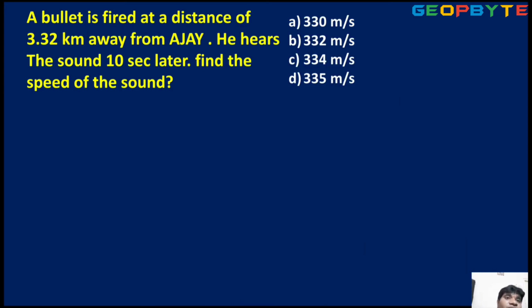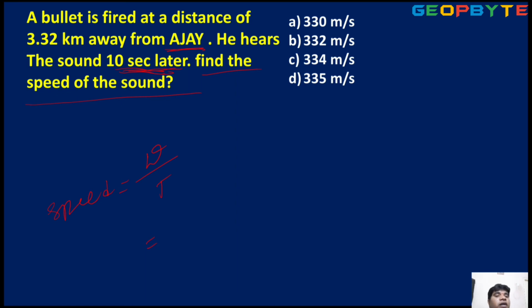A bullet is fired at a distance of 3.32 km away from Ajay. He hears the sound 10 seconds later. Find the speed of the sound. Speed is distance by time.